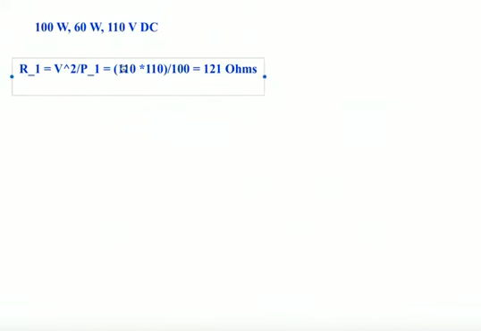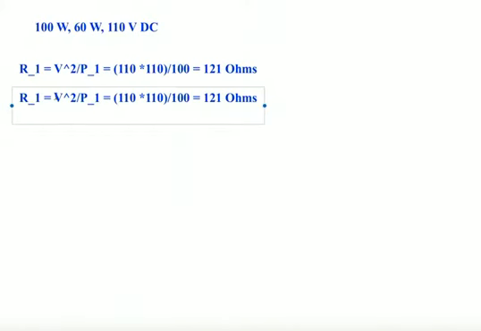That is the resistance of lamp 1. Resistance of lamp 2, R2, is V square upon P2. P2 is 60 watt. The zeros will cancel out. So 1210 divided by 6 ohms.